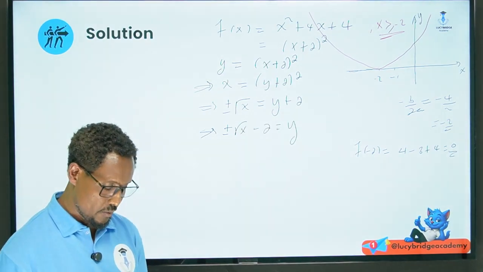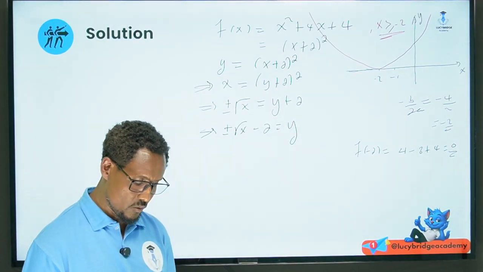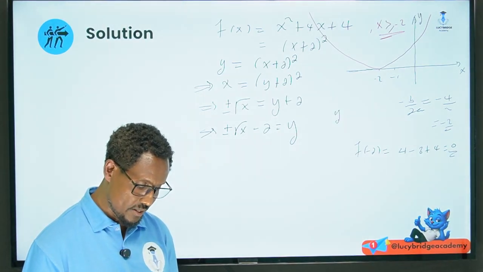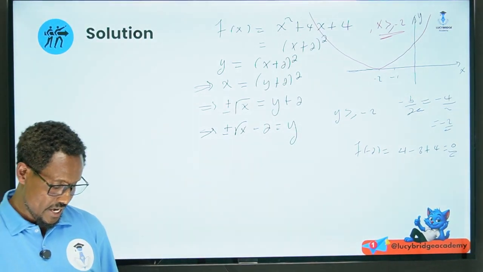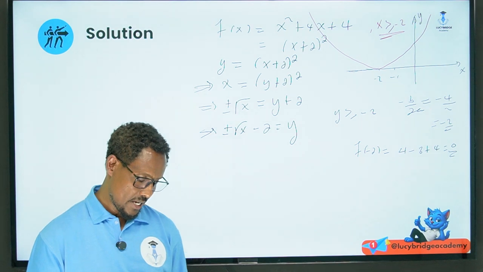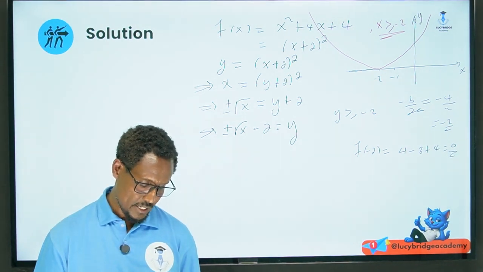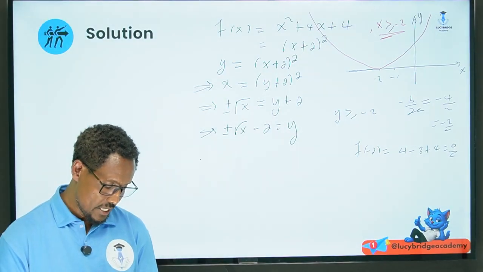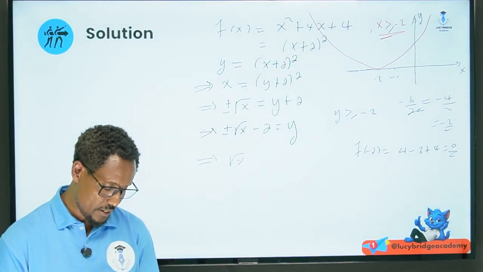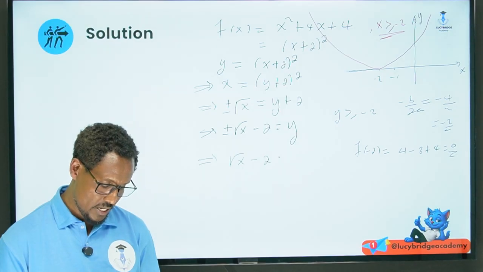Now we know that x is greater than or equal to -2. Again y must be greater than or equal to -2, so we take the positive part of the square root of x. This means the square root of x, minus 2, is equal to f inverse of x.